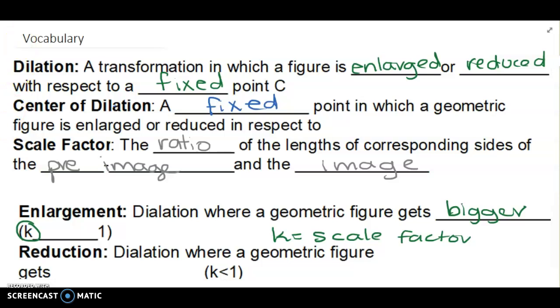So an enlargement is when our K value or scale factor is greater than 1. I probably should have put the absolute value of K is greater than 1. And then a reduction is when a figure gets smaller, and the absolute value of the scale factor is less than 1.